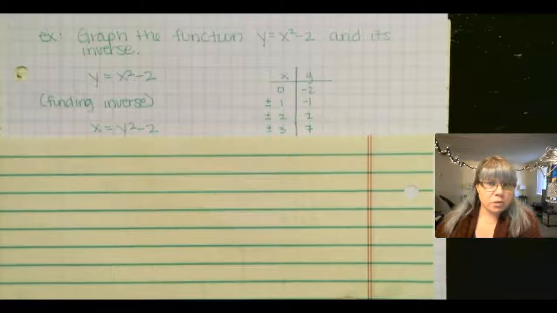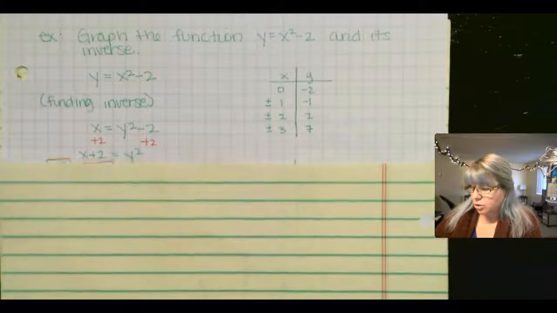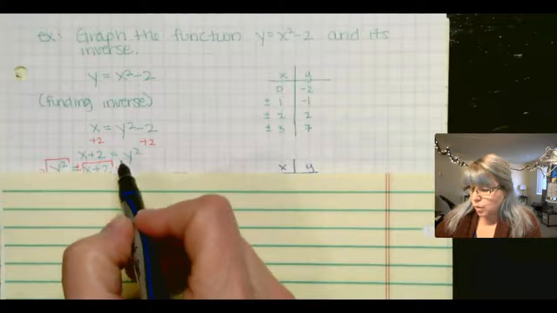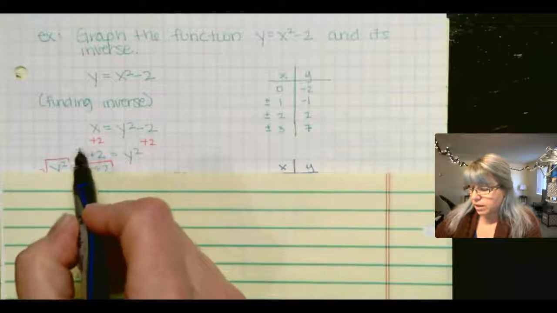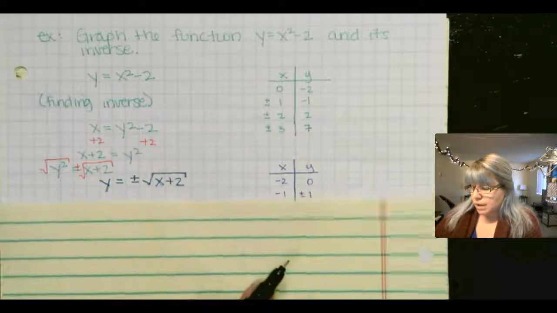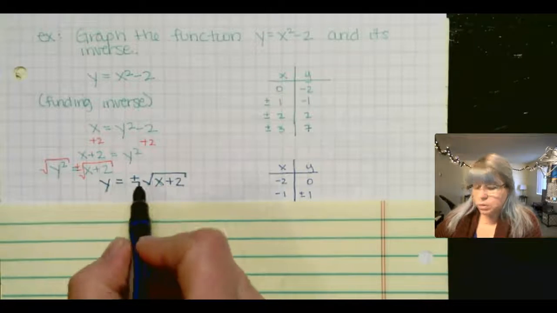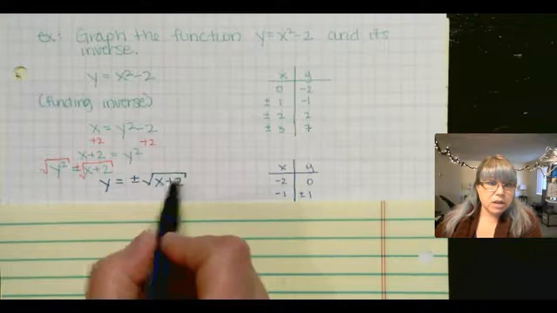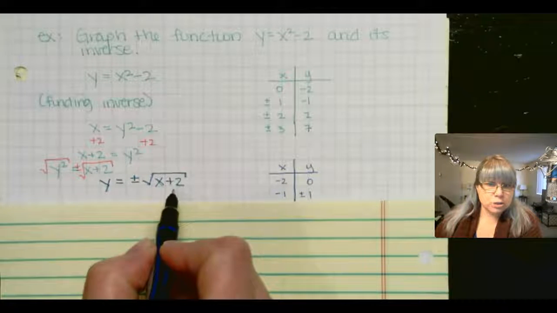And now we're going to solve it for y. Add 2 to both sides. Take the square root of y squared. I do have to say plus or minus. So my inverse function is y equals plus or minus the square root of x plus 2.